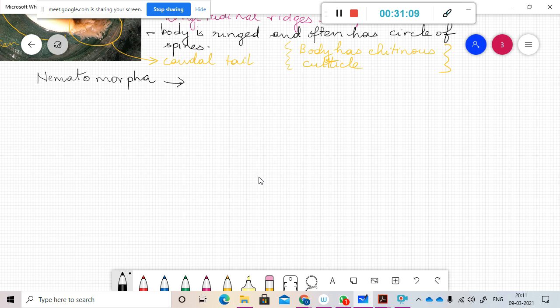They are sometimes known as the horsehair worms. They are basically parasitic. Let's have a look at one of these horsehair worms, how they look.